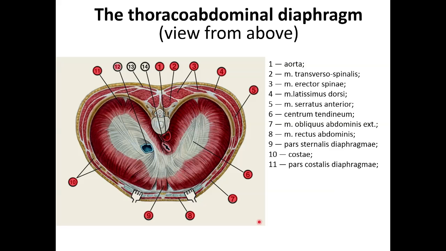Number 12, here it is. What is it? It's vena cava inferior. So we can see that vena cava inferior passes through the diaphragm on the centrum tendinum.